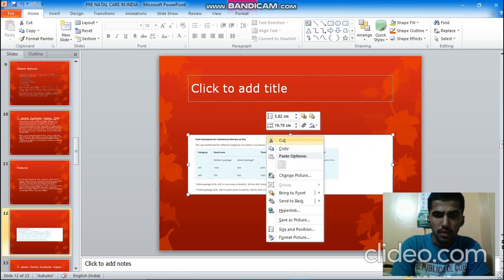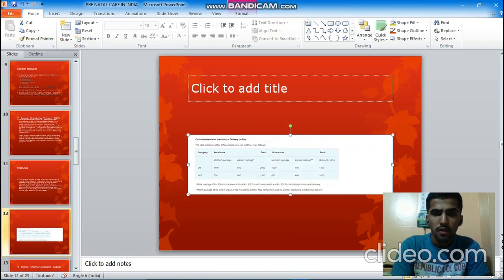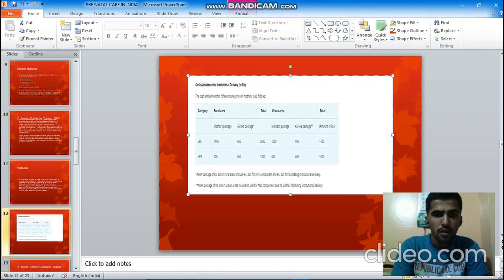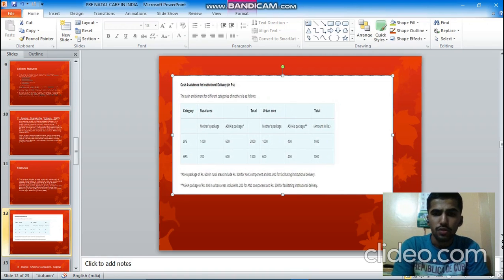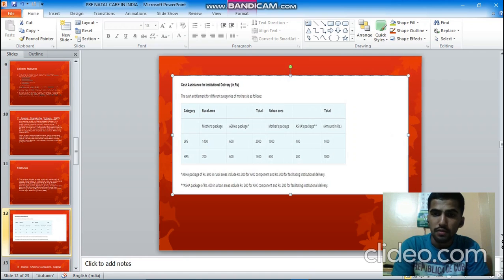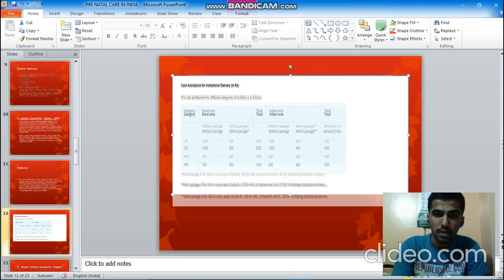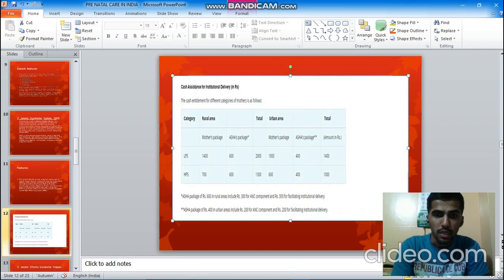So this is a chart that shows the cash assistance which is provided by the government of India to rural and urban women and also to ASHA workers. In this chart, for the low performing states, a normal mother's package is around 1,400, and on the other side, ASHA's package is 600 rupees.